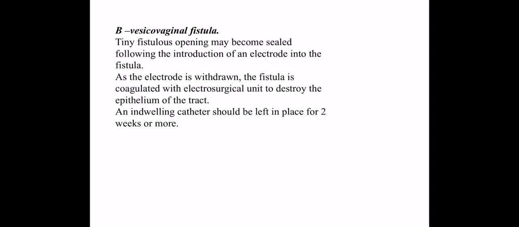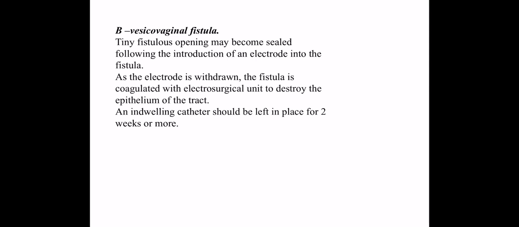Vesicovaginal fistula with a tiny fistulous opening may become sealed following the introduction of an electrode into the fistula. We know that the causes of persistent fistula are many. One of them is the epithelialization of the fistula. If the fistulous tract is covered by epithelium, then it's unlikely to close.